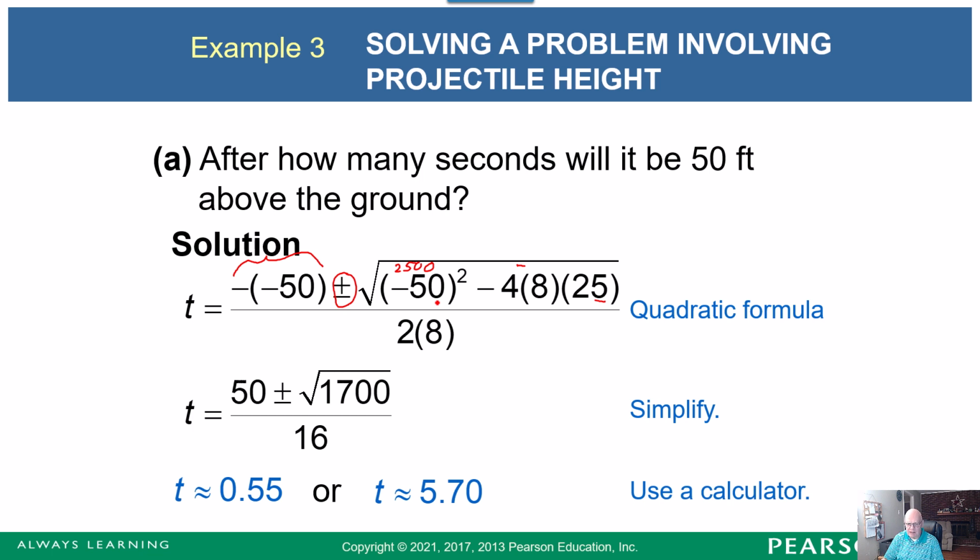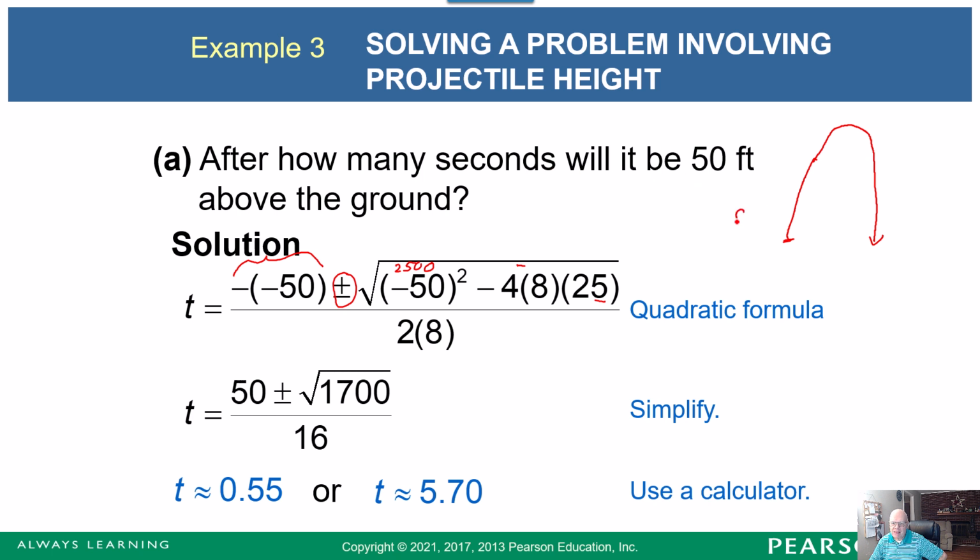Isn't that interesting? Well, remember, what we had is we had something on the ground, and it was shot into the air. And of course, eventually, it's going to come up to the top, and it's going to start falling down again. What we want to know is when it will be 50 feet above the ground.